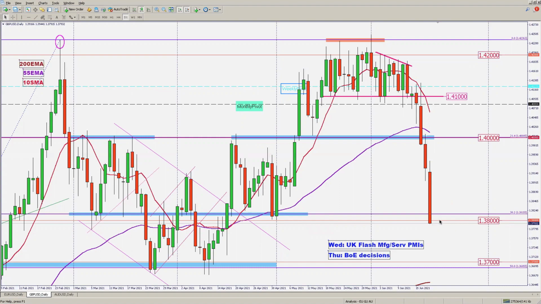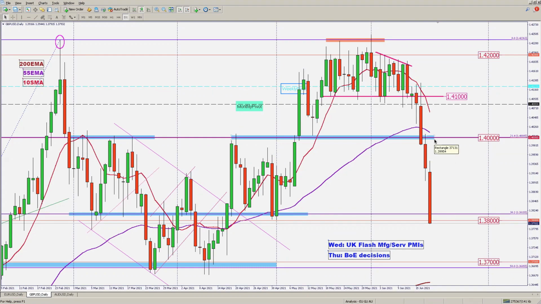And potentially there could be further bearish momentum targeting the 137, and we'll see if that happens with the Bank of England having their policy meeting this Thursday, whether they are able to reverse it or exacerbate the move down.